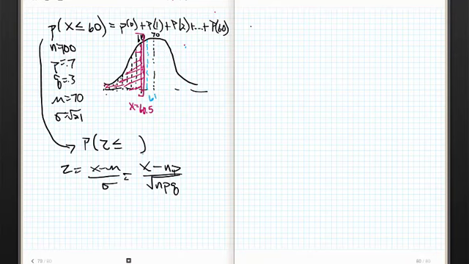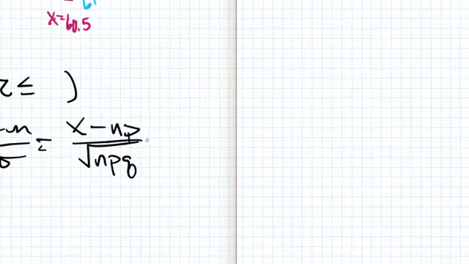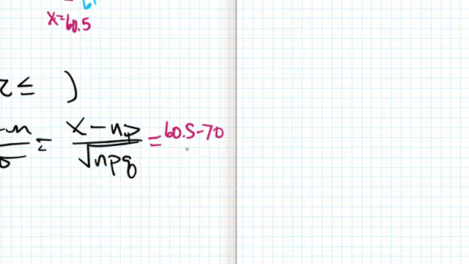Okay, so let's go back here after we've done our correction for continuity, and let's figure out our z-score. It's going to be 60.5 minus 70, which is the mean, right? It's right up there, divided by the square root of 21. Well, I'm going to pull out my handy-dandy calculator.